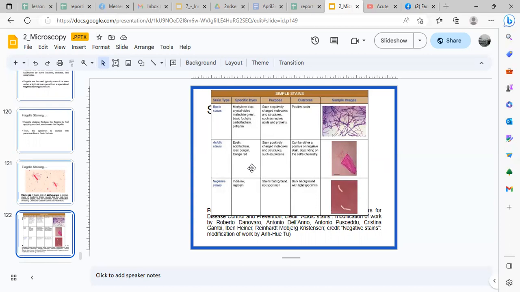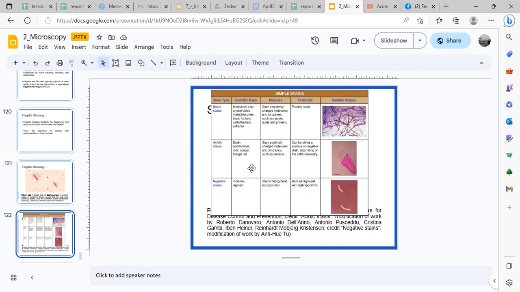So this is the positive stain, in contrast to the negatively charged cell wall. So like charges repel, opposite charges attract. So yun, absorb. For acidic stains, you have acid fuchsin, rose bengal, and Congo red.